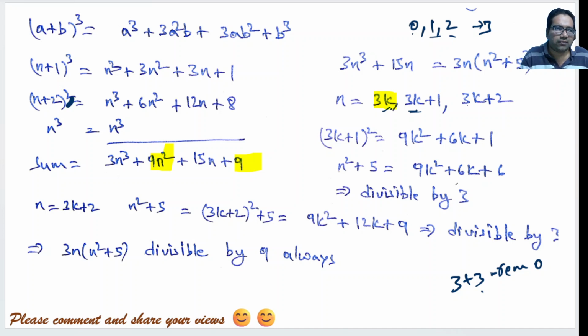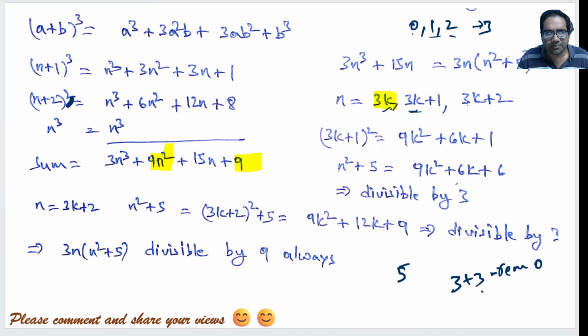Then what happens to n square plus 5? (3k + 2) whole square plus 5 is 9k square plus 12k, that is 2ab, 2 times 3k times 2, plus 2 square, which is 4, plus 5, so 9.